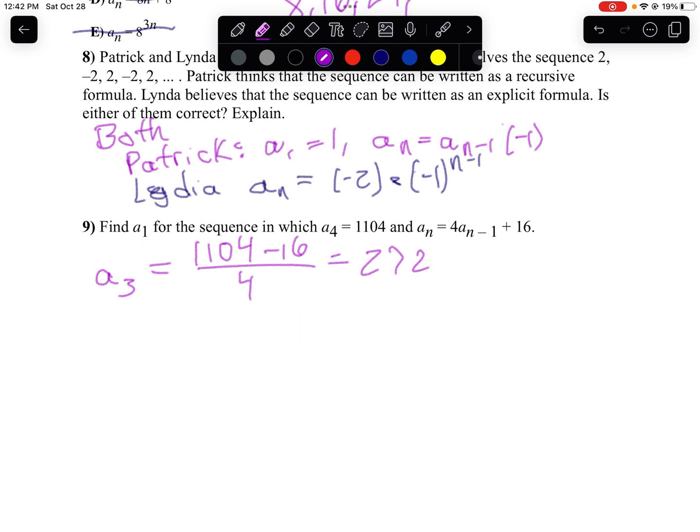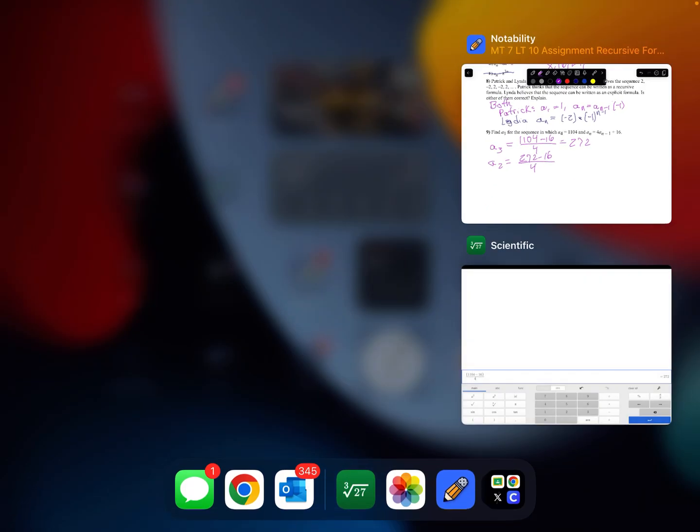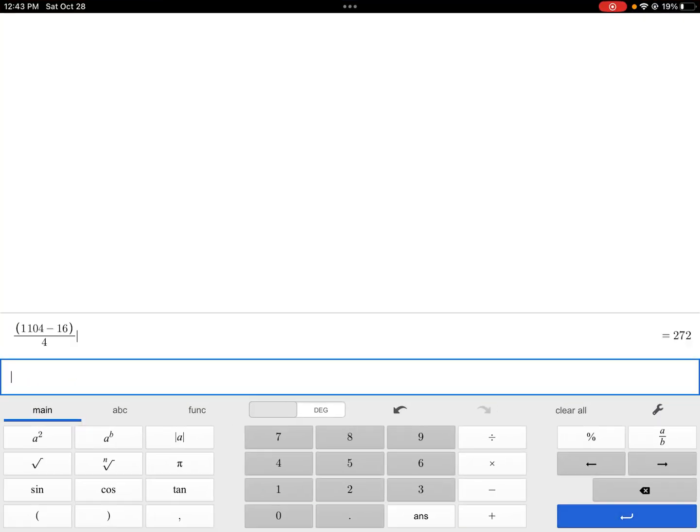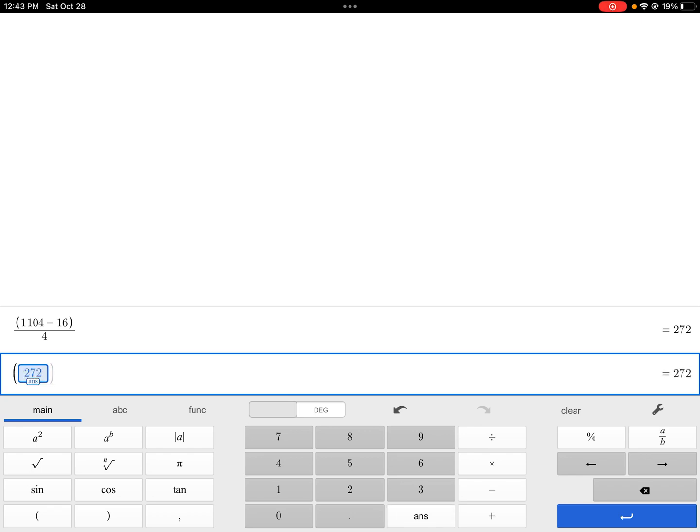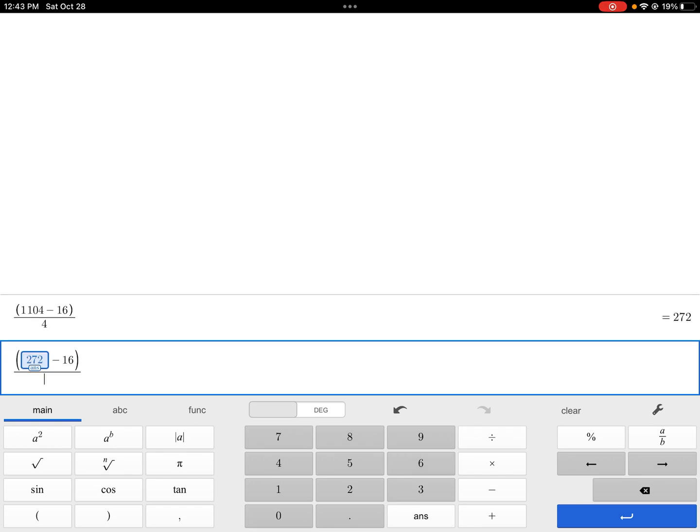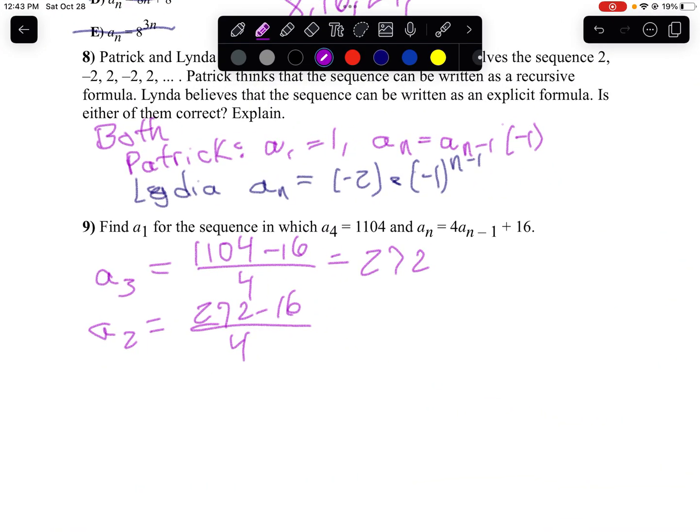And then I'll do the same thing to find the second term. I'll take my third term, which is 272. I will subtract 16, and I'll divide by 4. So this time we'll put my parentheses first, and I'll take my previous answer, I'll minus 16, and I'll take that answer and I'll divide it by 4. And I'll get 64 for my second term.